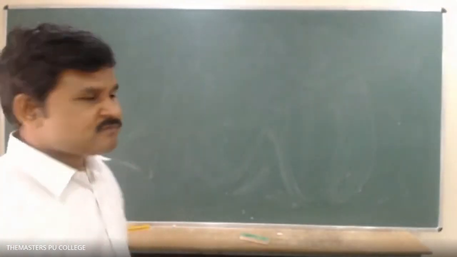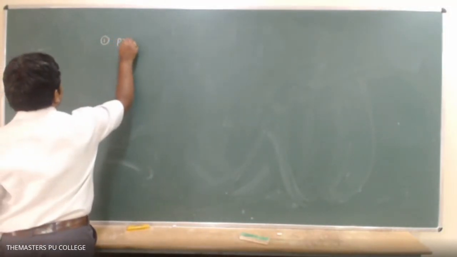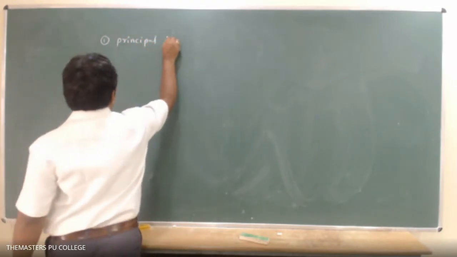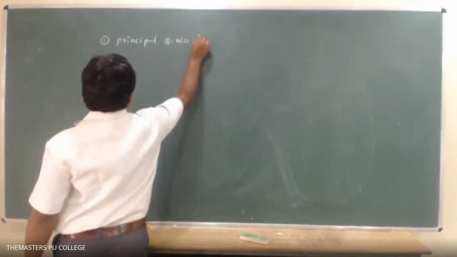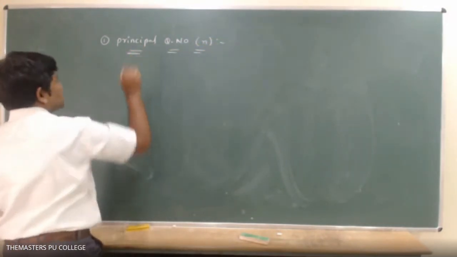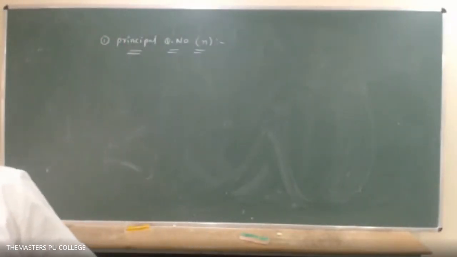Come to the first quantum number, that is the principal quantum number. Symbol n. Principal quantum number symbol is small n.